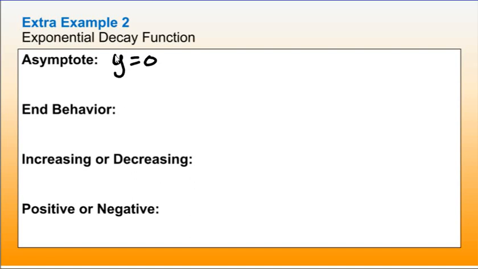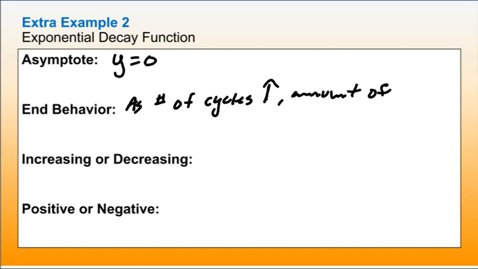And so the end behavior: as the time increases, or the number of cycles increases, the amount of DDT decreases, goes down, or not decreases, it approaches 0.